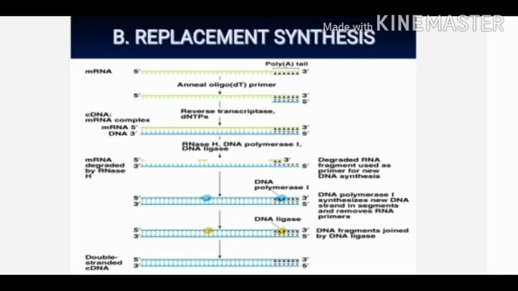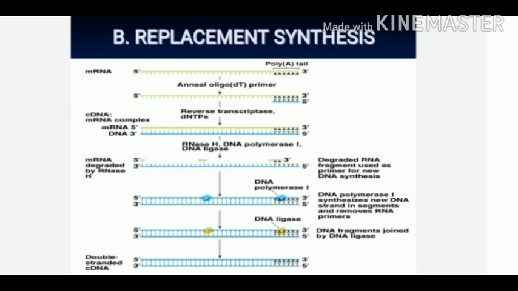This can also be seen in the diagram. Now, these short stretches of oligoribonucleotides serve as primers for the polymerase enzyme to synthesize the second strand of cDNA. In the end, the newly synthesized strands of cDNA are joined by the process of ligation with the help of DNA ligase enzyme.